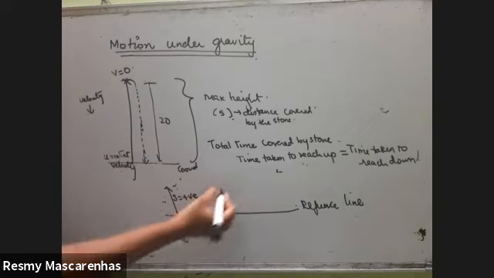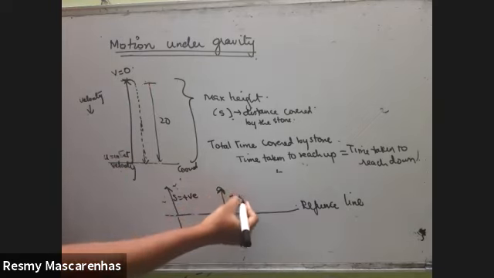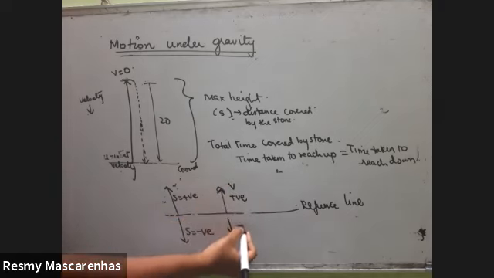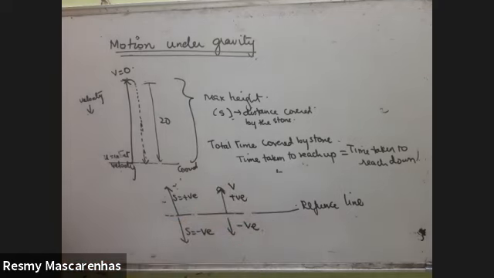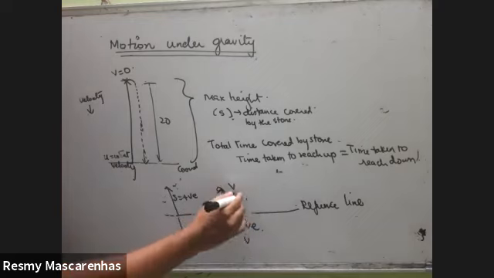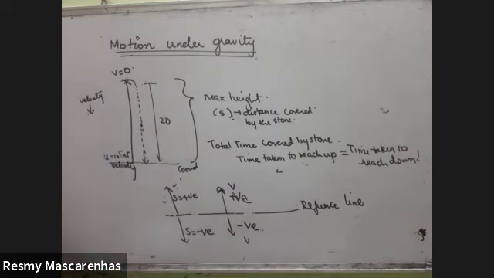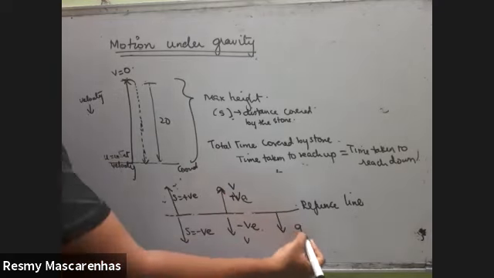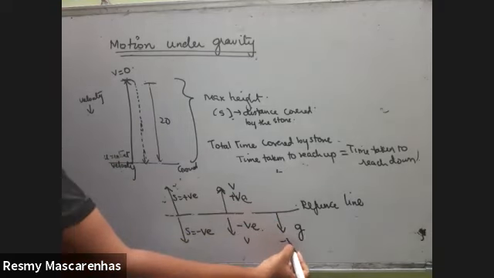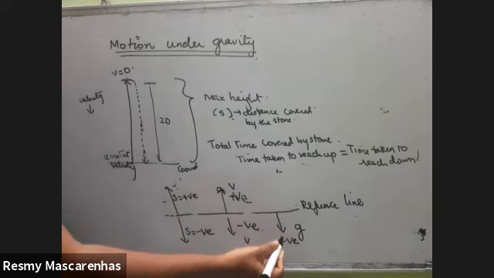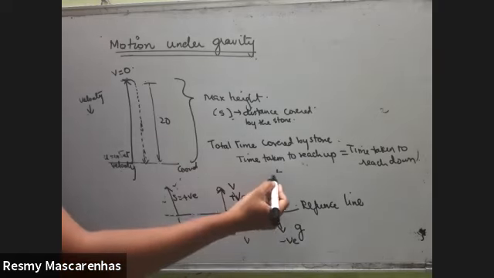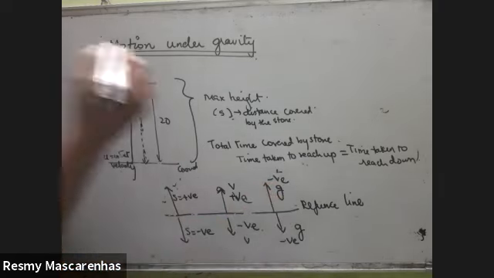Same way for velocity also. Velocity while going up is positive, and while coming down it is negative, downwards. Same for acceleration due to gravity: G is acceleration due to gravity, it is negative downwards. This side also it is negative. Please remember this, very important.